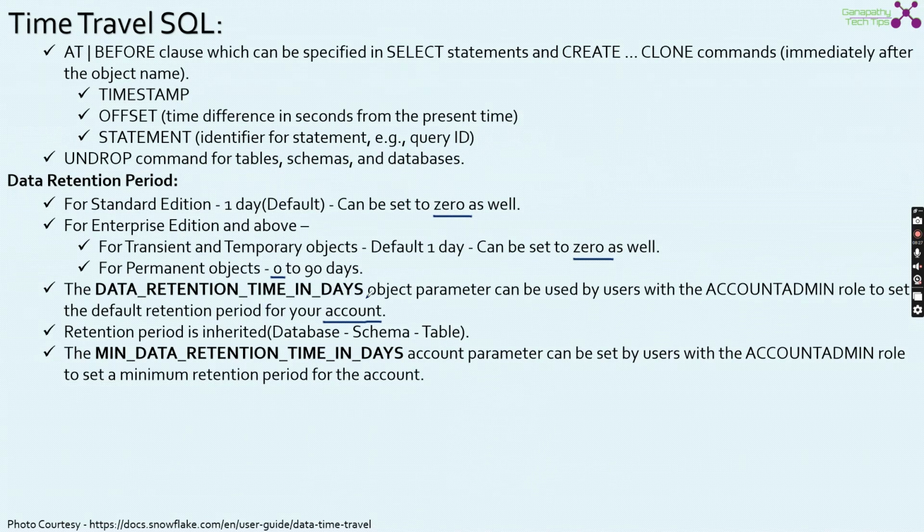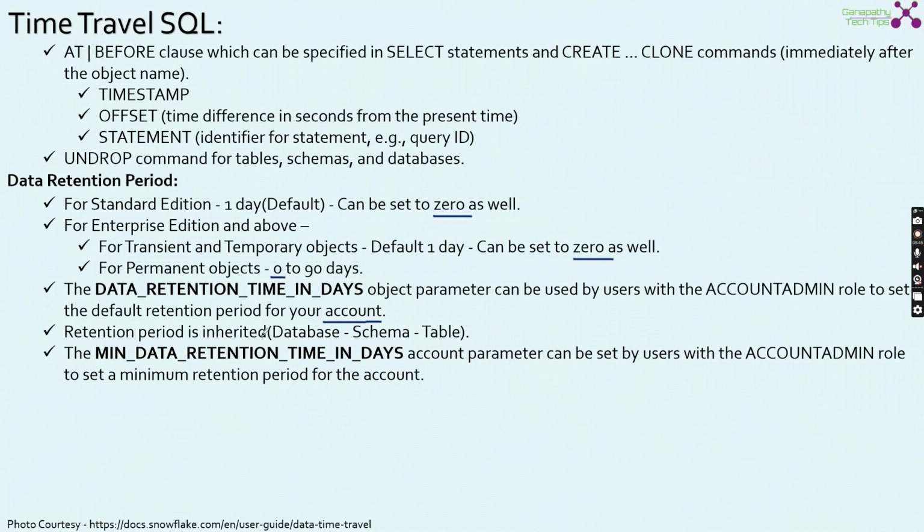By setting this parameter to say 30, we will be setting the time travel for the entire account for 30 days, meaning whatever databases, schemas and tables are associated with that account will have time travel of 30 days.